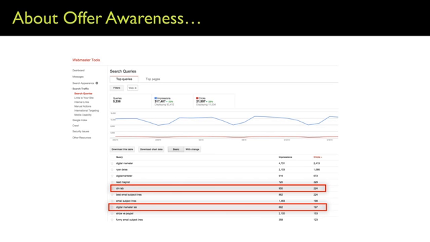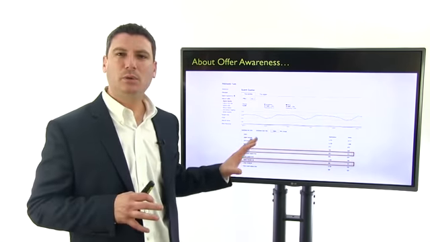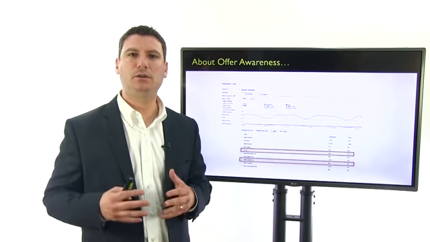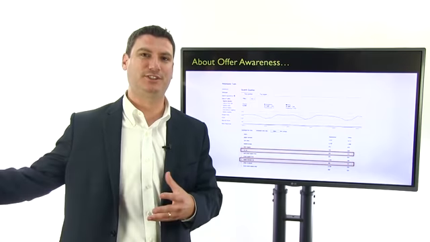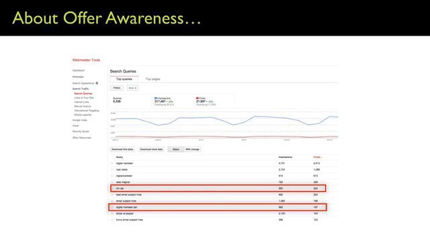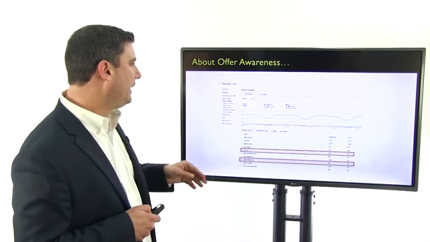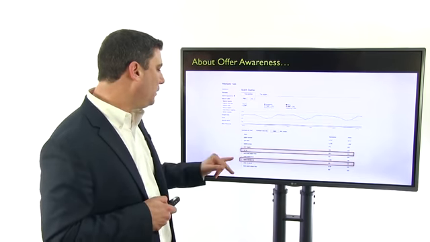Well, you can go into something called Google Webmaster Tools, which is really easy to get set up on your website. Basically what Webmaster Tools does is it allows you to see what Google sees on your site. In the Webmaster Tools Search Queries report, you can see that in our case, there's an increased amount of impressions and clicks on the term DM Lab.